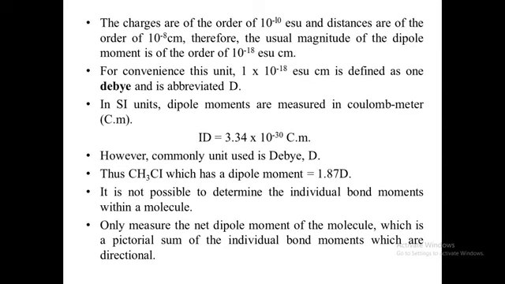So this very small unit is not convenient to use in your numerical applications, because when you are using this dipole moment and you want to find a proper solvent, the utilization of these smaller units is not easy. The best way is to convert these types of units into whole numbers. All of you are familiar with pH. In previous classes you have studied that pH is the hydrogen ion concentration, usually in the order of 10 raised to power minus 7, minus 4.